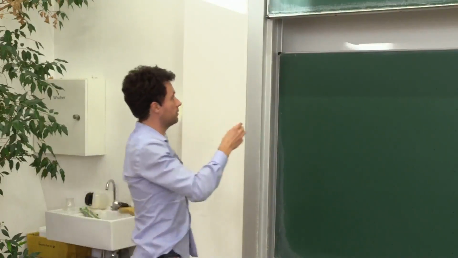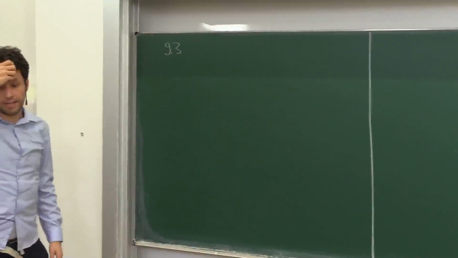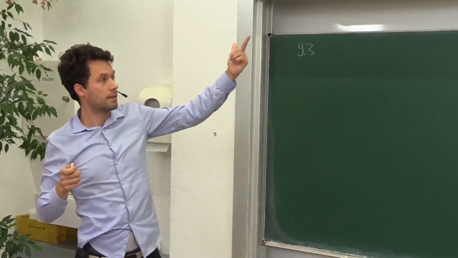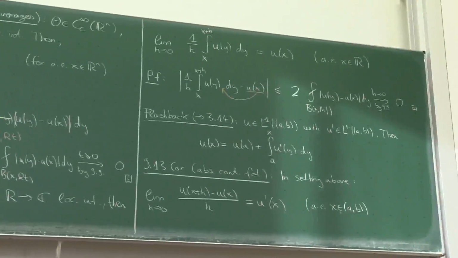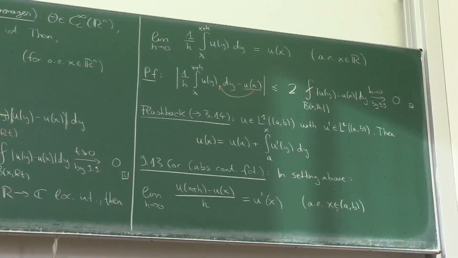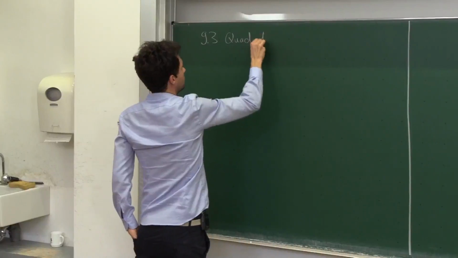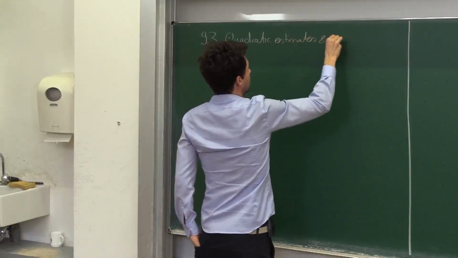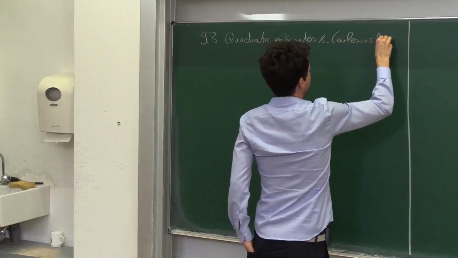And what I'm going to do in this section is that we're going to get back to quadratic estimates, and we use the maximal function theorem to get some further insight or somehow take a different perspective on quadratic estimates and then see what we can do. And so 9.3 is about quadratic estimates and Carleson's lemma.